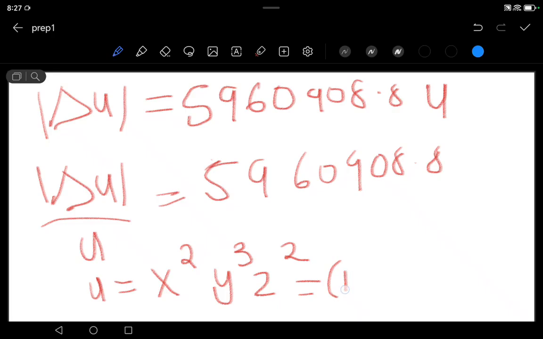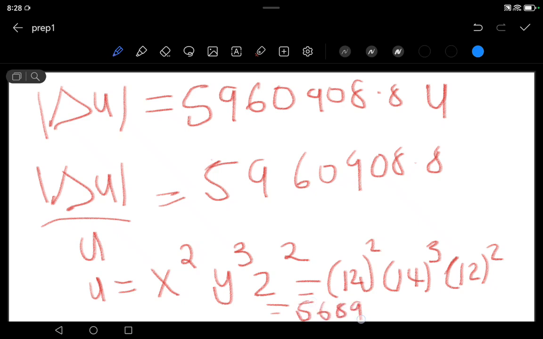So our x was 12, and then our y was 14, and then our z was 12, and then we're gonna get the value of u, okay, which is 56,899,584. Okay, and then now you're gonna divide these two, then you get your answer, you get your maximum error.